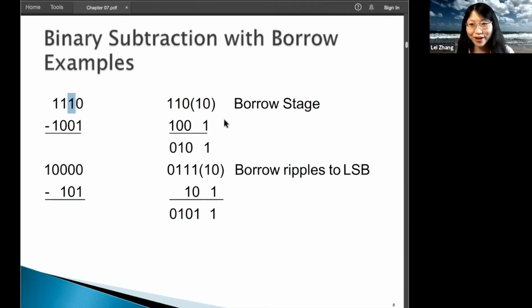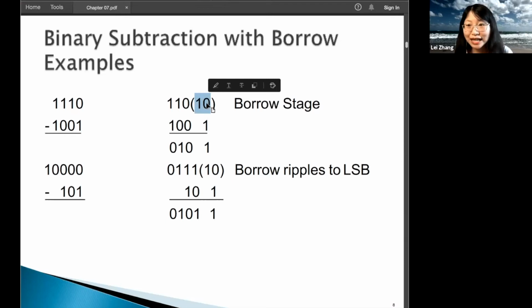It's equivalent to, if we want to subtract 9 from 8 in decimal, we have to borrow 1 from the next digit.